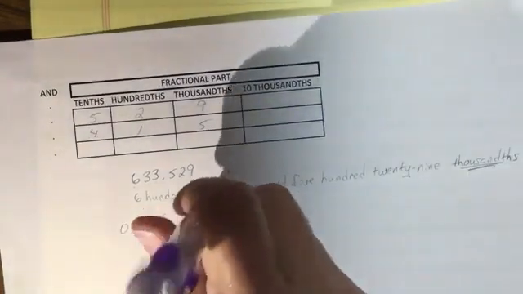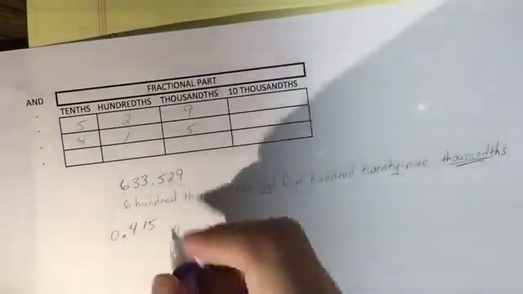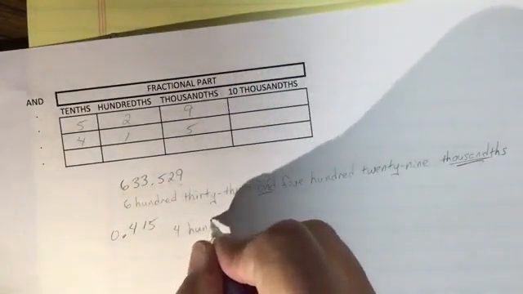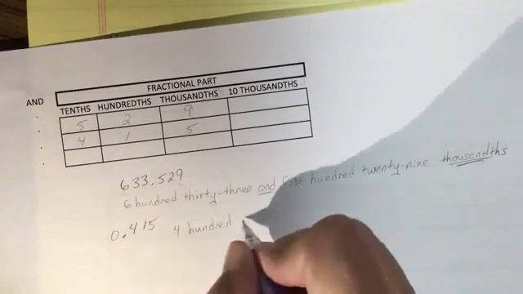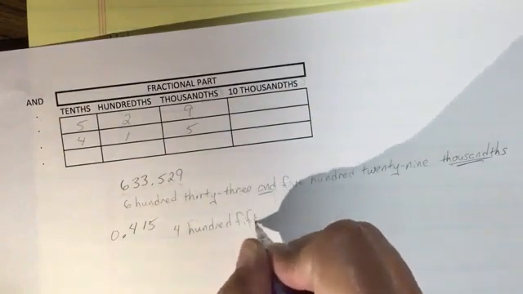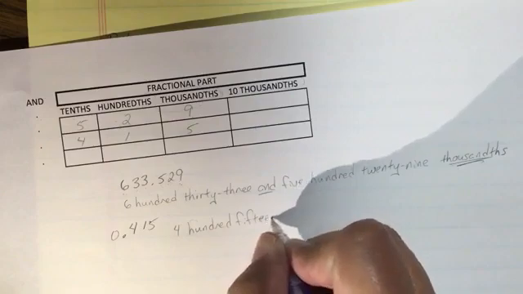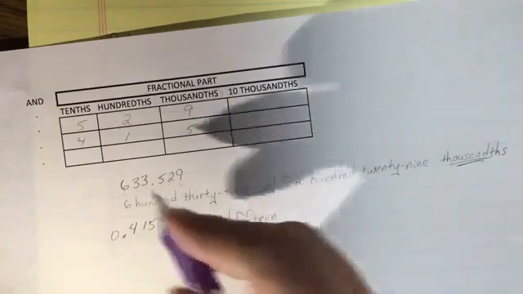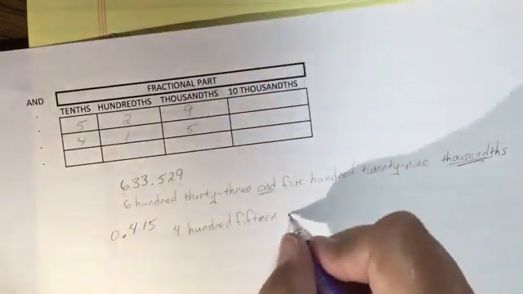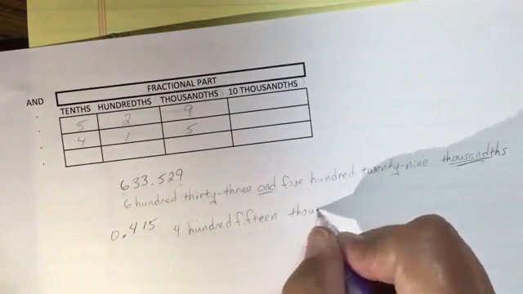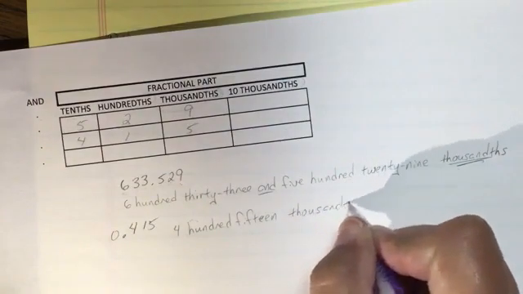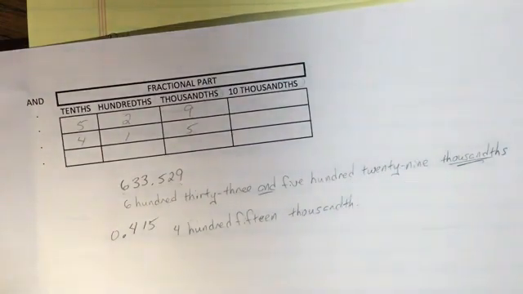I'm going to cheat. 415. Where's 5 land? Thousands. What if I go backwards?